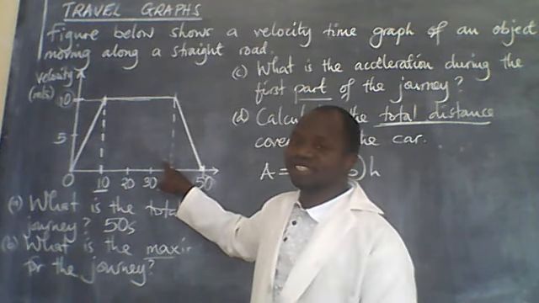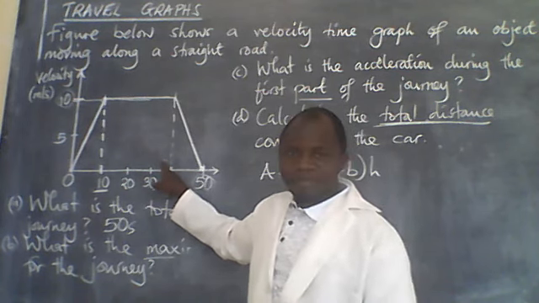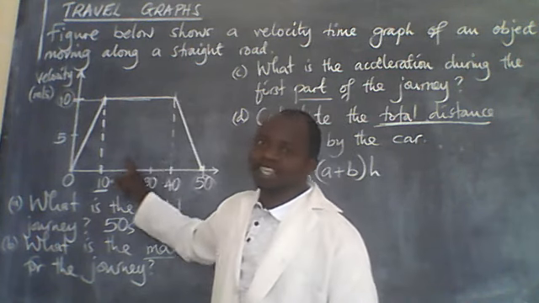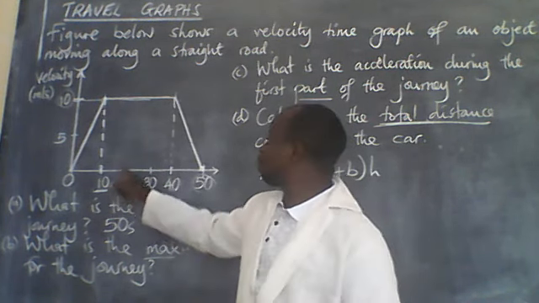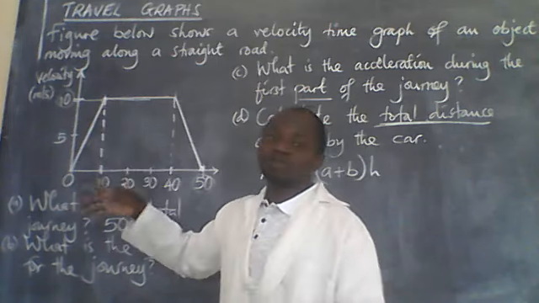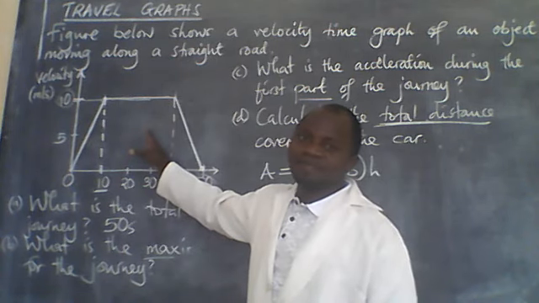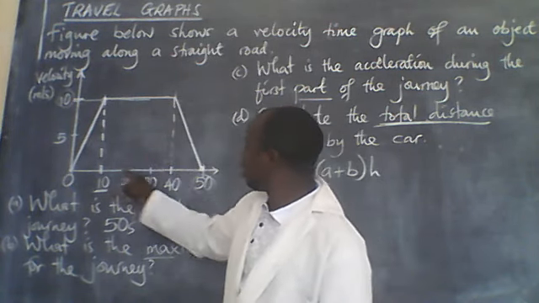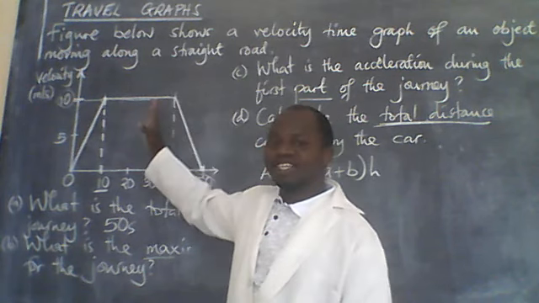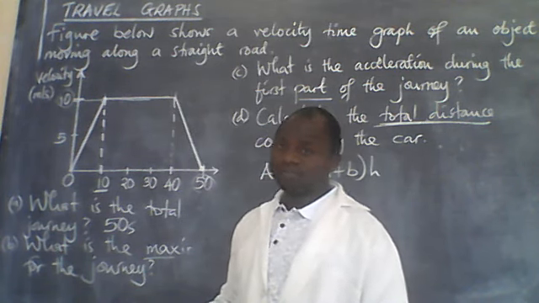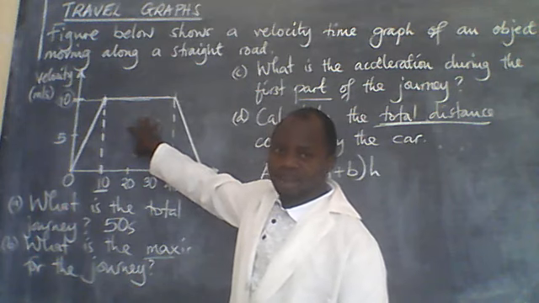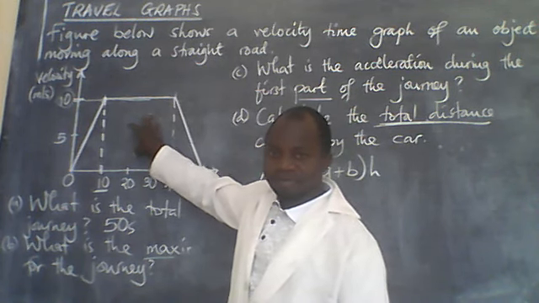Others might see it as a square. But again, that will depend on the measurements. If they are equal here, then we'll conclude that this is a square. But if this measurement is not equal to that, then it's a rectangle. Then I'll write the area of that rectangle.